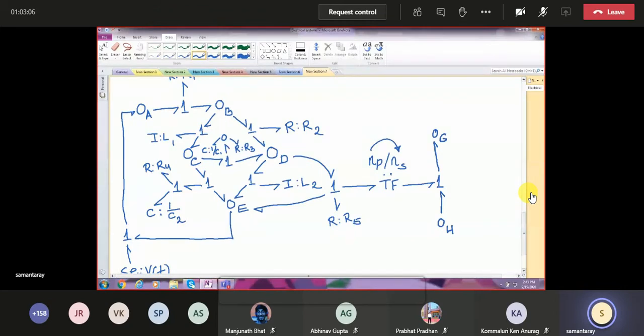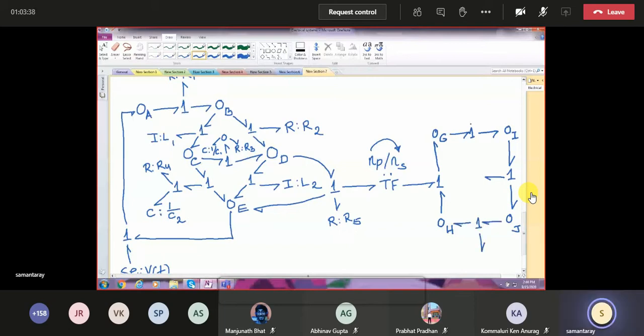So, you have 0H, 0G. Likewise, here some 0I is there, some 0J is there. Between them, some impedance is there, and between these, some other impedance is there. What are those impedances?